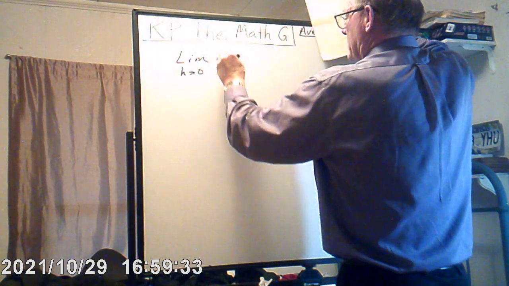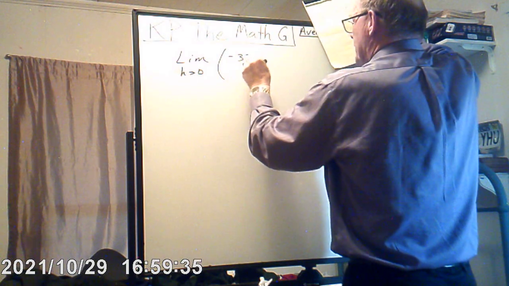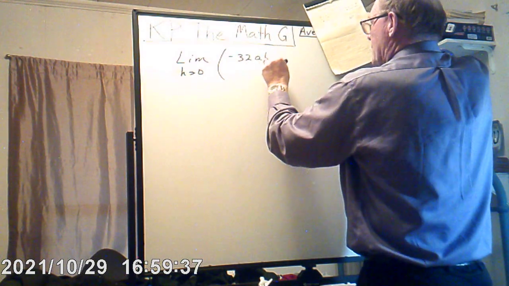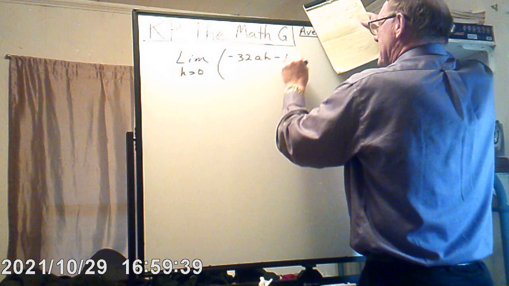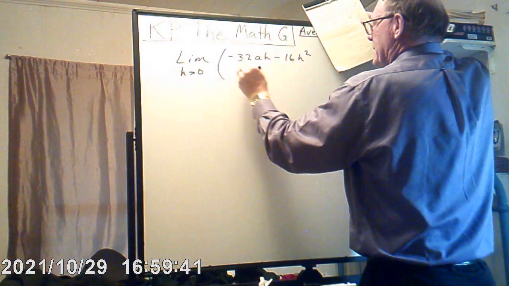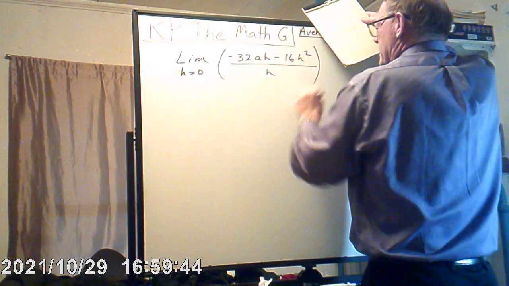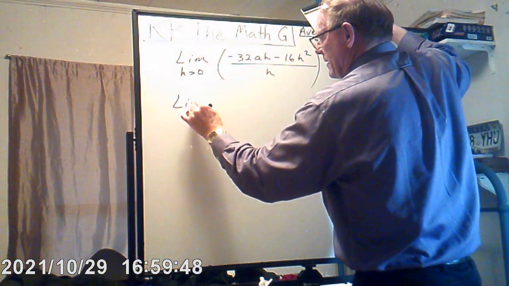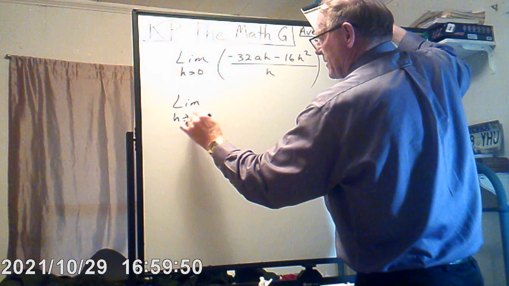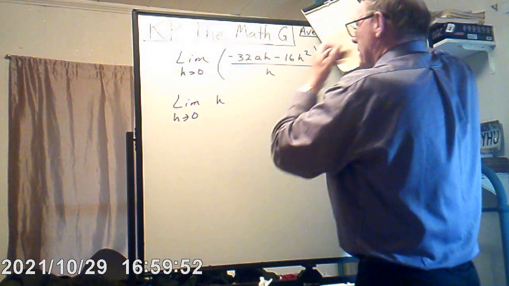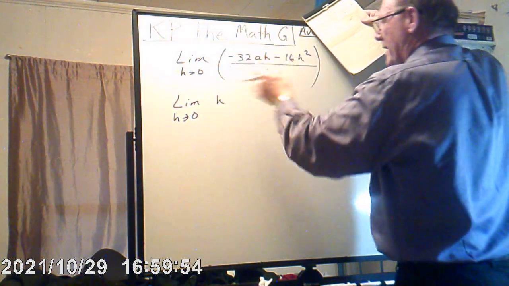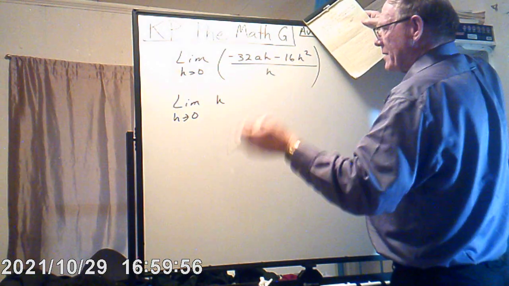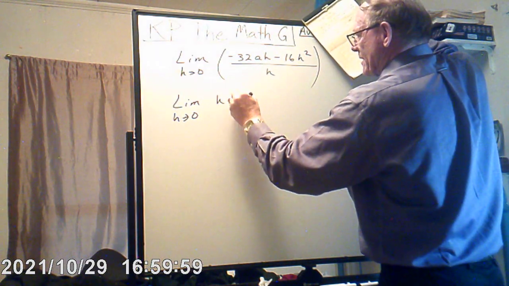Now we had negative 32ah minus 16h squared over h. If you notice, we have a common h that we can factor out. We're getting close now. We could factor out a negative 16 if we wanted to, but we're just going to factor out the h.